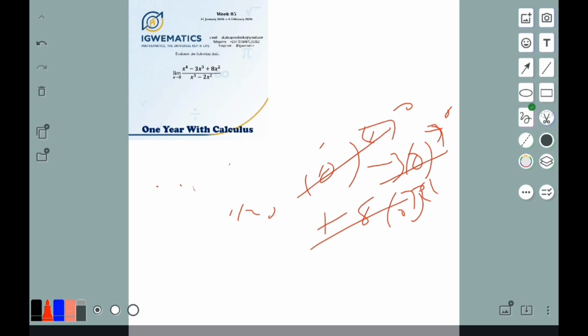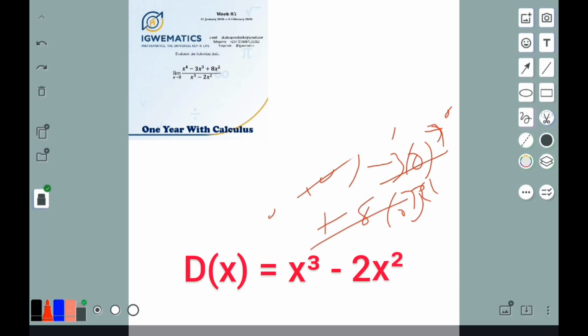But that doesn't necessarily mean that the whole function, x to the power of 4 minus 3x cubed and so on, would tend towards 0 when x equals 0. This is because as the numerator tends to 0, the denominator also tends to 0.